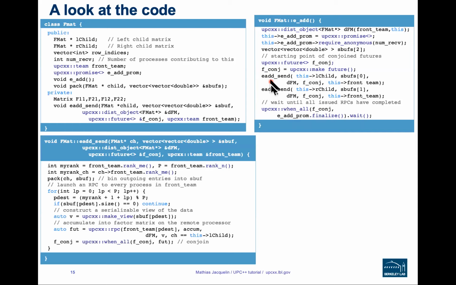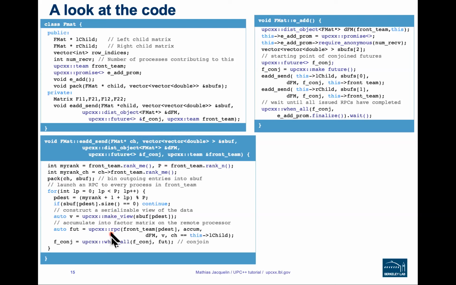The RPC calls themselves are done by the EADD send operation that we are calling on both the left child and the right child. This function is just looping through all the target processes for which we have to send some data. It's going to create a UPC++ view of the data using the UPCXX make view function call, corresponding to the chunk of the buffer in which we have binned the data.